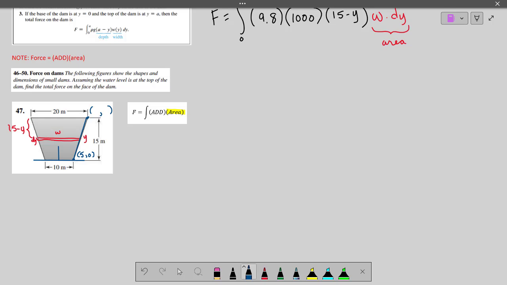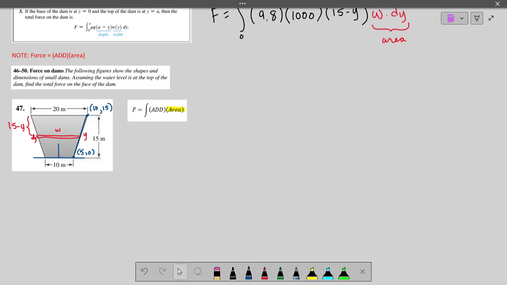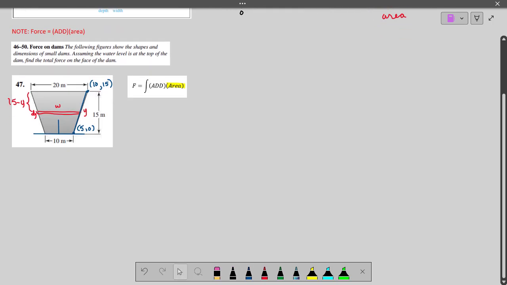This is 15. So it's 20 all the way across the top, so half the top is 10, and then the height of this trapezoidal wall is 15. So now we have our 2 points, and to get the equation of the line, we use the point slope formula. Y minus y1 is equal to m times x minus x1.